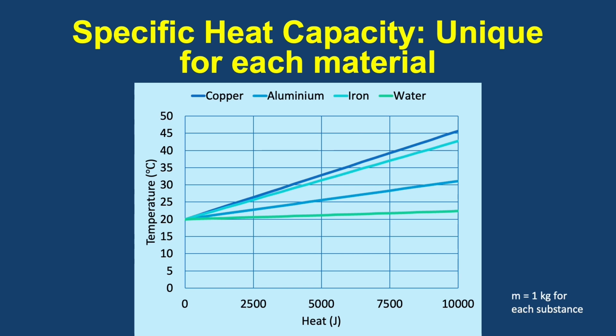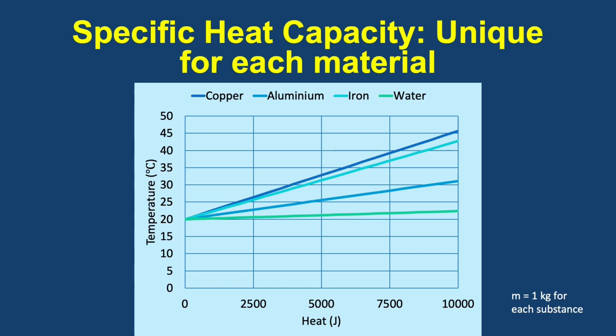What's significant for us, though, is that we can see that each material has the same mass, each material has the same heat added to it, they all have the same starting temperature, and yet their final temperatures are not equal at all. This indicates to us that the specific heat capacities for each of these materials is different.